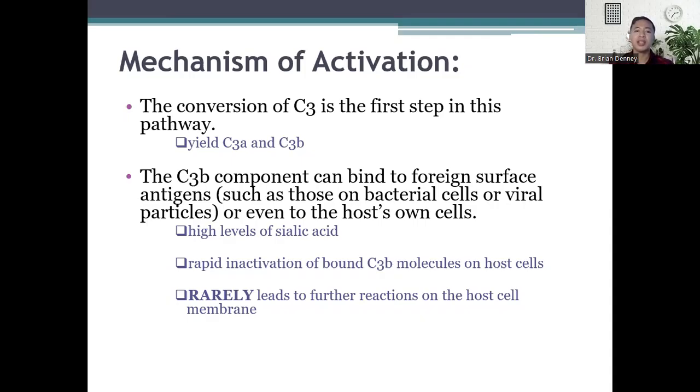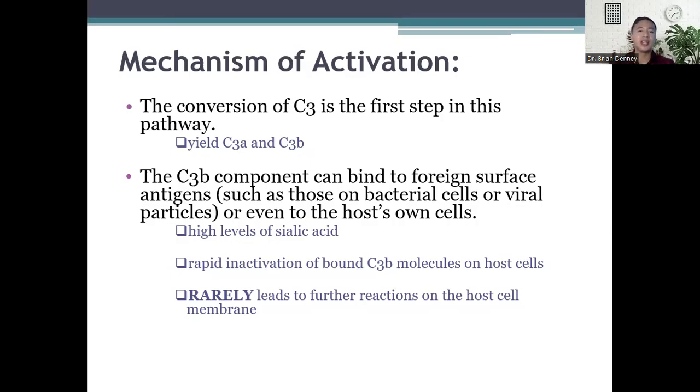Question, will the presence of sialic acid causing inactivation of your C3b cause the cascade to be further activated? Answer is no. Because once your C3b is inactivated, the cascade being highly sequential, it will no longer proceed. So I hope you get that.